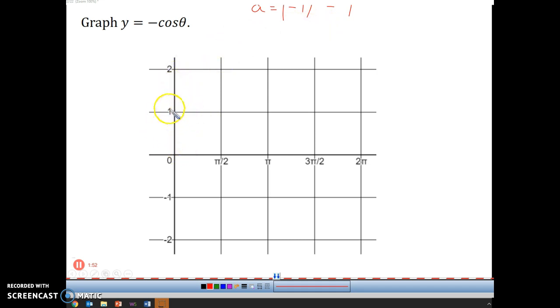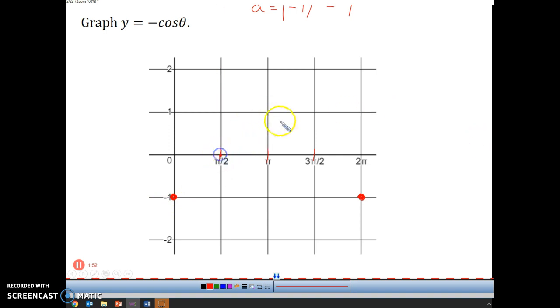But in this case, since it's negative, I'm going to start at a minimum. I'm going to reflect. So I'm going to start at -1. And the end of my period will also end at this location, so 2 pi. And I want to split the graph into fourths to find my other critical points. So I'm going to have a critical point at these 3 locations. So I have a negative value. I'm going to go up to an intercept.